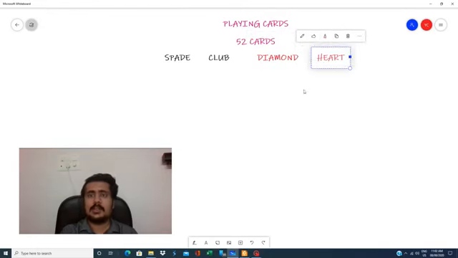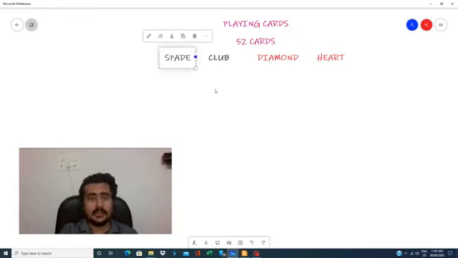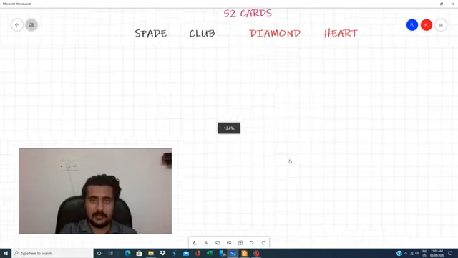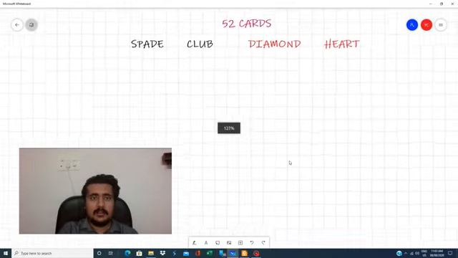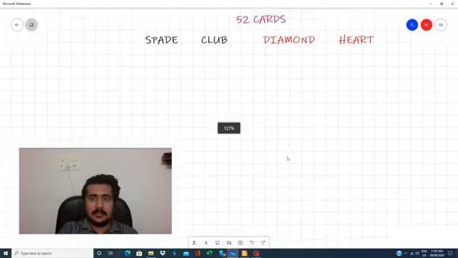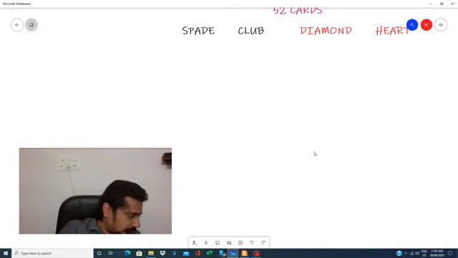Spade and club are black in color, and diamond and heart are red in color.